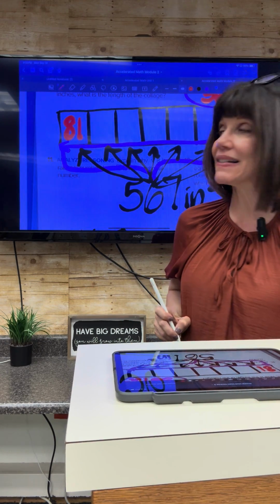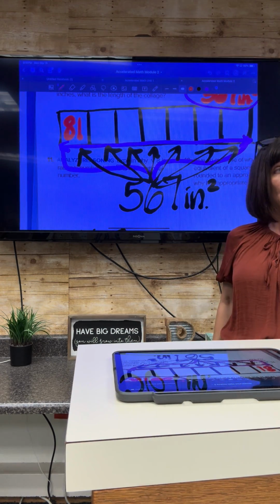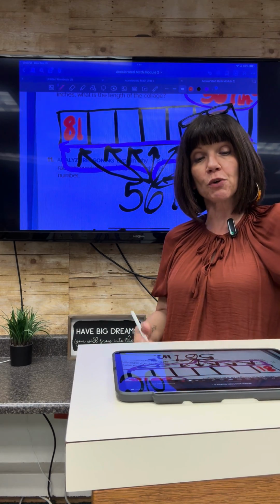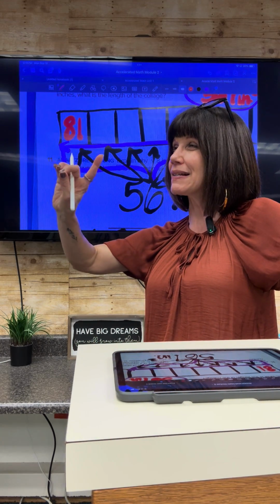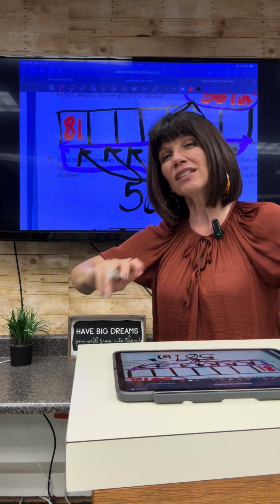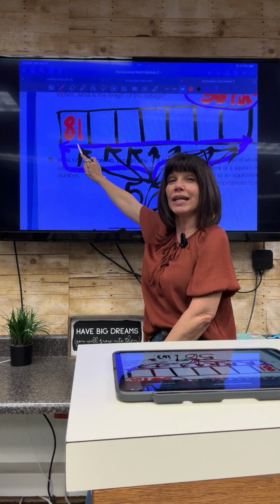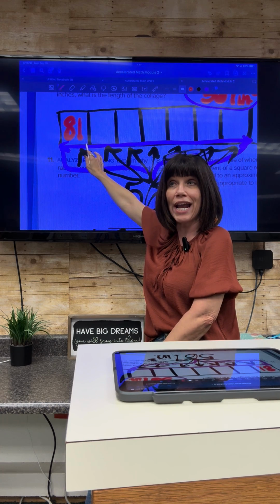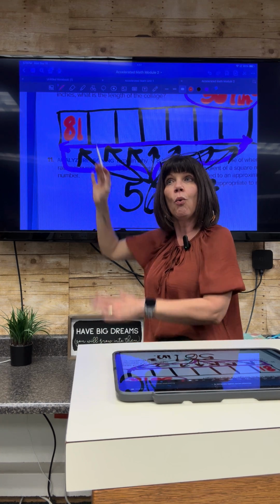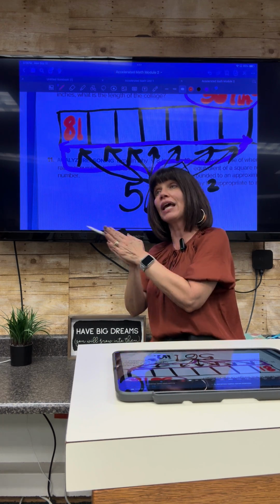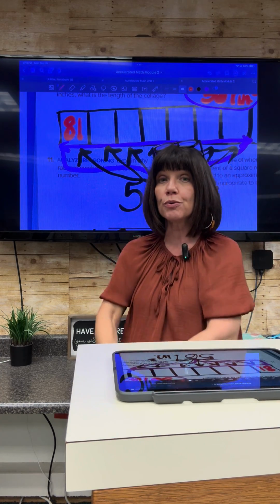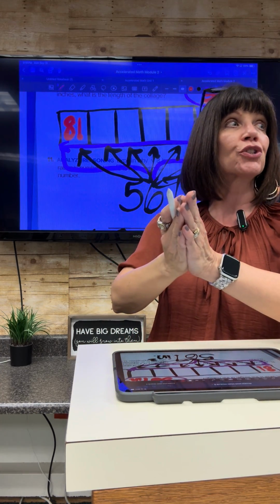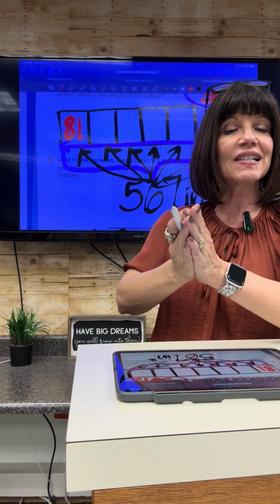So class, look up here. Write 81 inside at least your first square. You could write it inside of several if you wanted to, but I only need to write it inside of one. And then I ask myself, if 81 is my two-dimensional measurement, 81 square units, what do I need to do to 81 to get to the root of the picture, the measurement of the side?